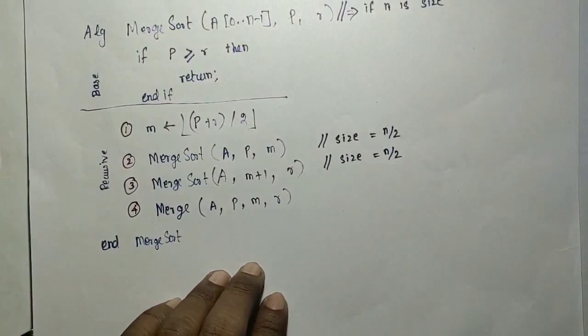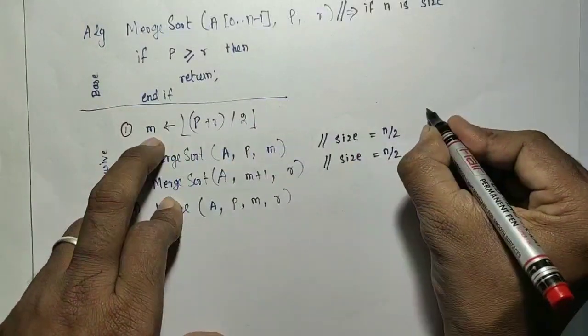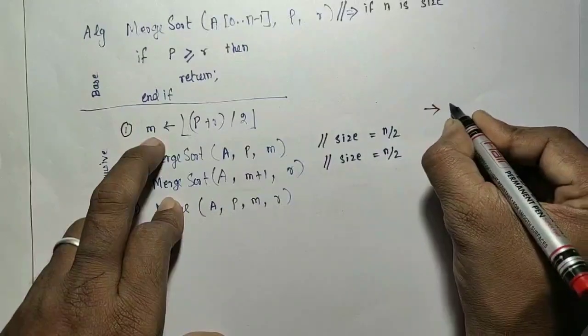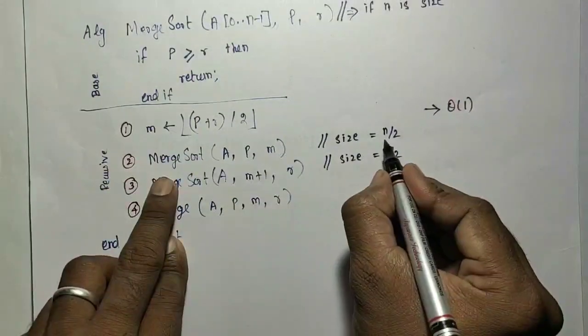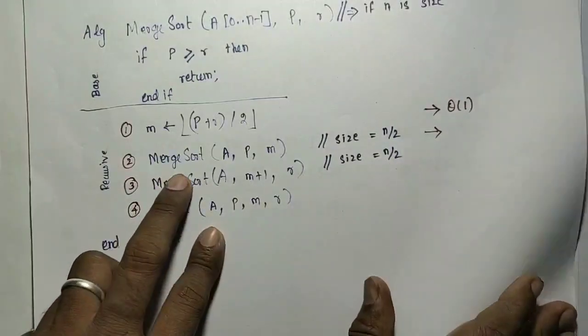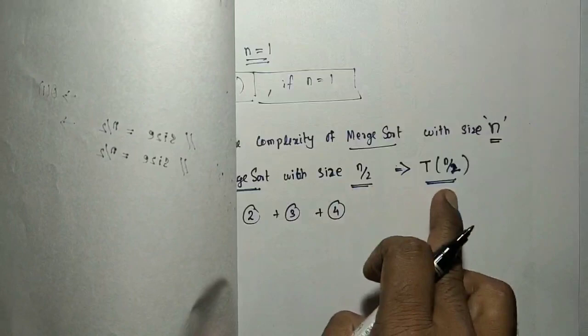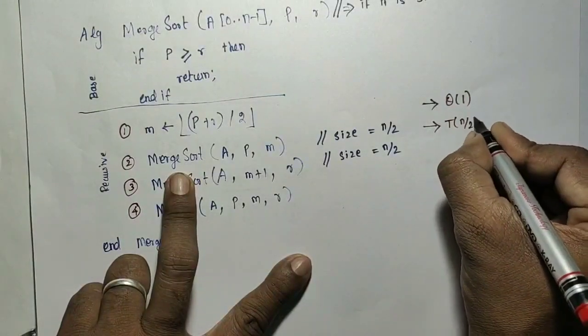The complexity of 1 is only one statement, so it is theta of 1. Here the size is N by 2, so this complexity will be T of N by 2. This is the unknown complexity.